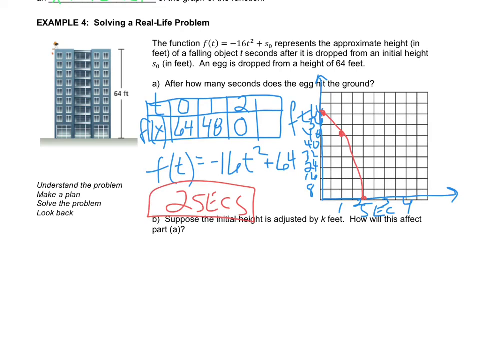And for the last question, suppose the initial height is adjusted by k feet. What I also want us to notice in this graph, so we talked about dropping the egg. The egg would have dropped straight down. I also just want you to notice that that's not what the graph looks like it's doing. Don't be confused with this being what we are doing and the dropping looking like that.